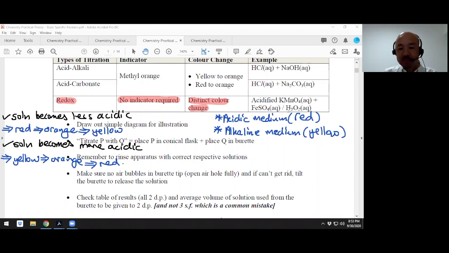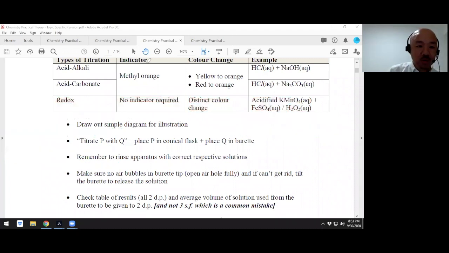For example, it could be a reaction that came out in exams before: acidified KMnO4, an oxidizing agent, oxidizes Fe2+, or oxidizes hydrogen peroxide. Just a quick example. Normally there's a change in color. Later we look at one specific example.